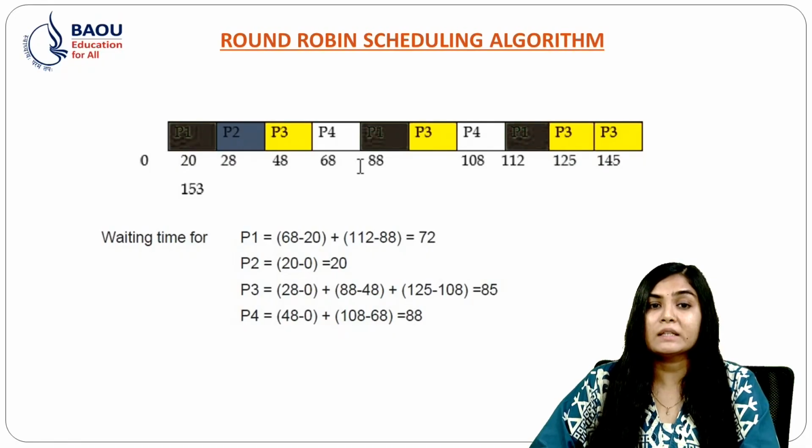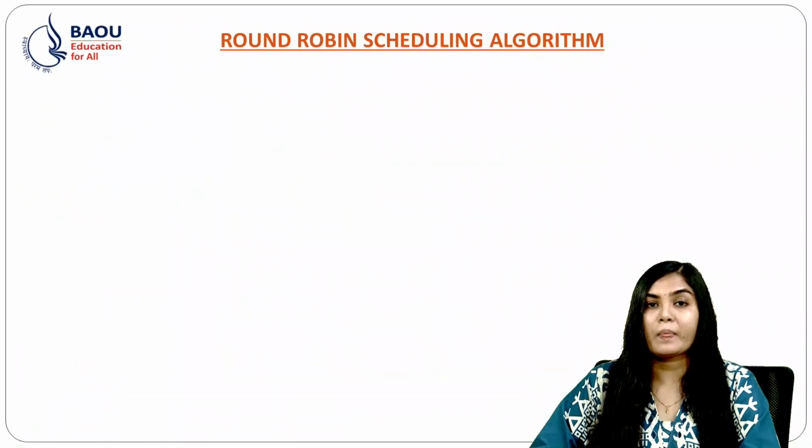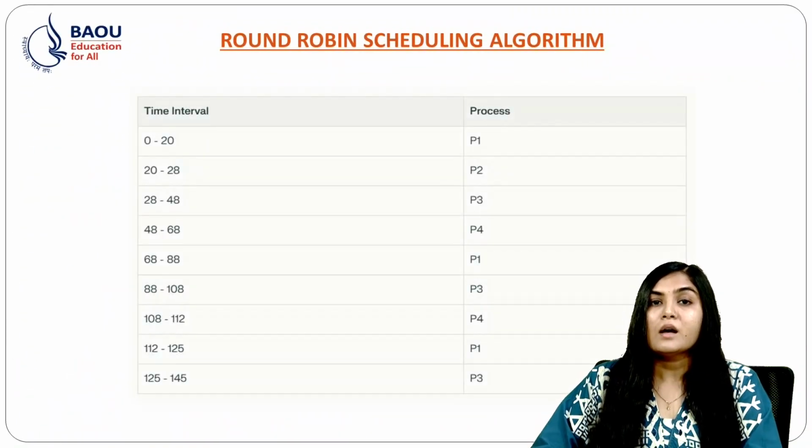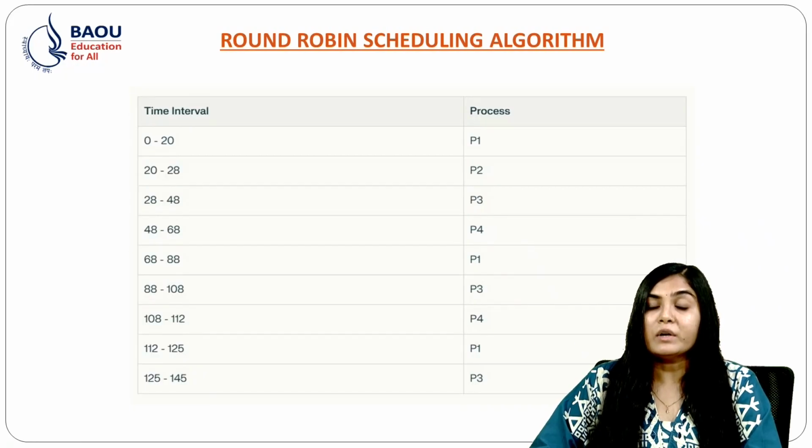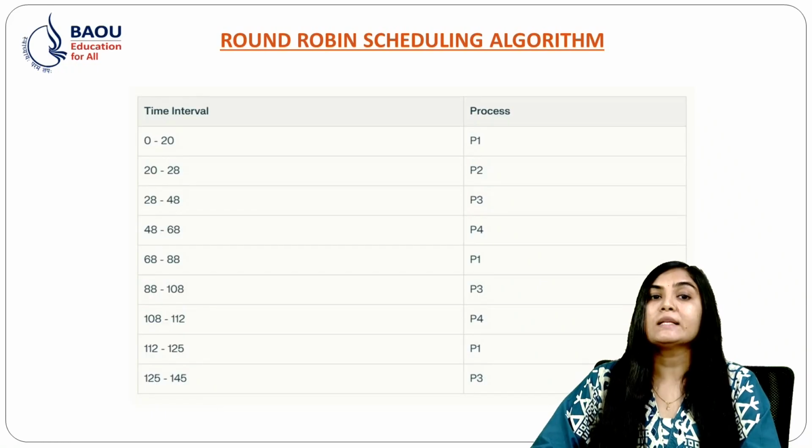As we have seen in the previous slide, the P1 process waits from 20 to 68 milliseconds and from 88 to 112 milliseconds. So, waiting time will be the addition of 68 minus 20 and 112 minus 88. So, it will be 72 milliseconds.